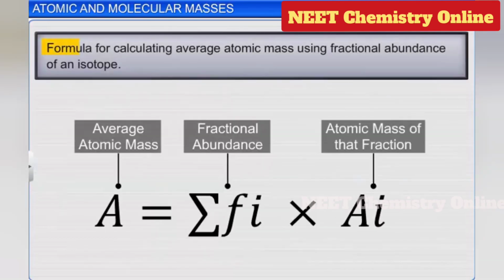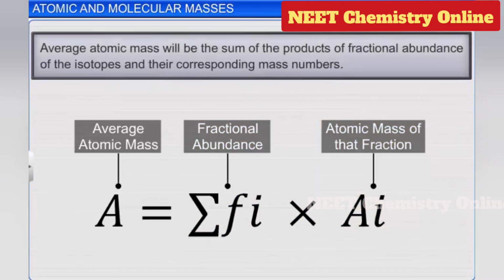The formula for calculating an average atomic mass from fractional abundance is fractional abundance multiplied by atomic mass of that fraction. Thus, the average atomic mass will be the sum of the products of fractional abundance of the isotopes and their corresponding mass numbers.